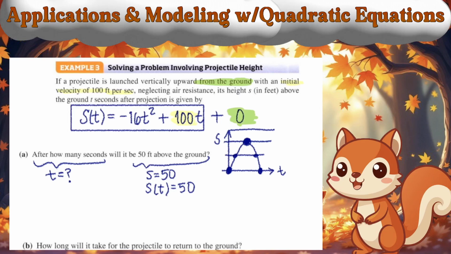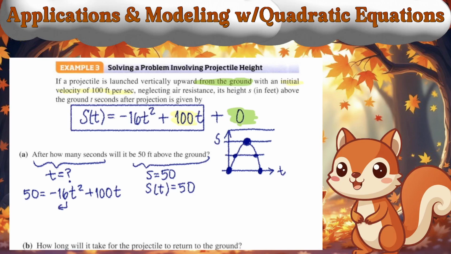And like all polynomial equations, we're going to get it equal to 0 before we can solve, right? So let's go from there. That'll be 50 equals negative 16 t squared plus 100t. Get it equal to 0.